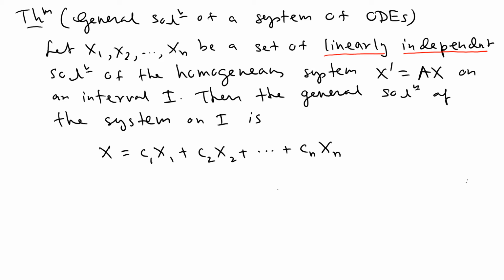So what we do, we're going to consider the linear combination of the solution vectors. So we're going to find n linearly independent solutions and write the linear combination. That's going to be a general solution where Ci are constants. So that's the general solution. You can see that this is very similar to the regular case.